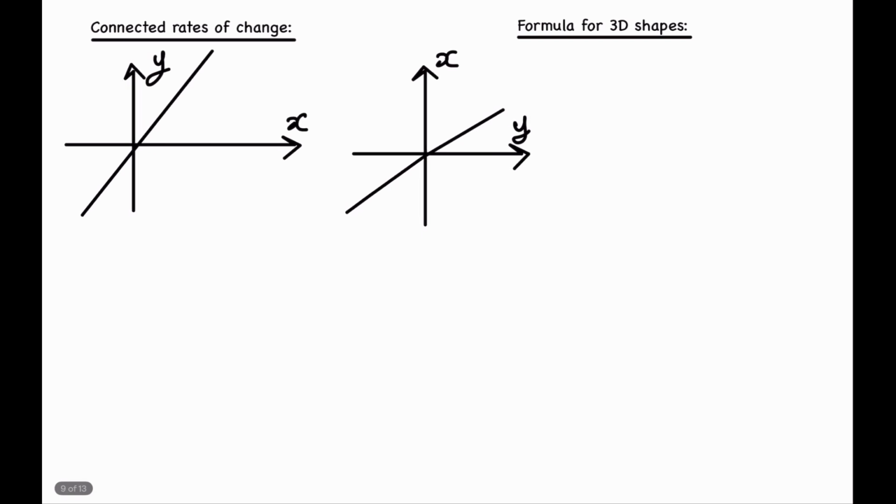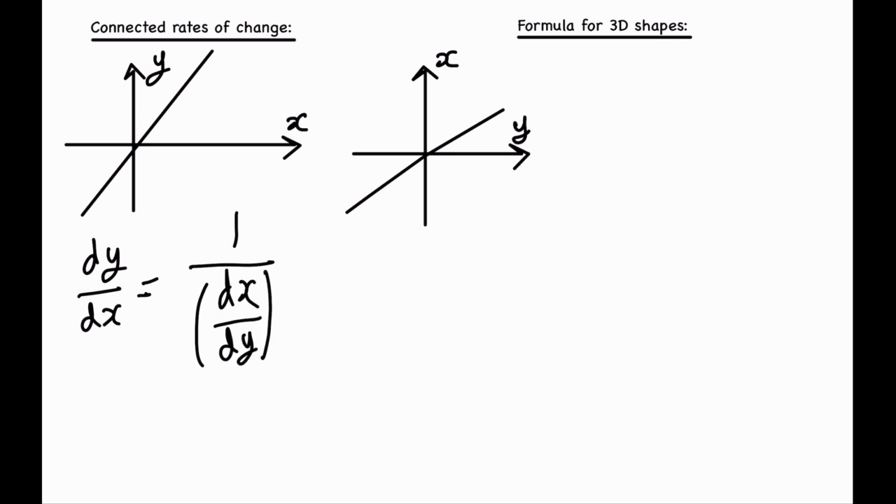What can we tell from this? We can tell that dy over dx is the same as 1 over dx over dy. And this is very useful for connected rates of change. This can be proved using the chain rule.